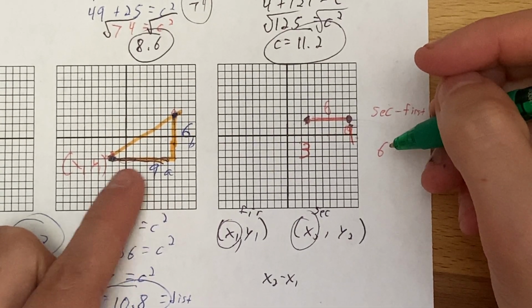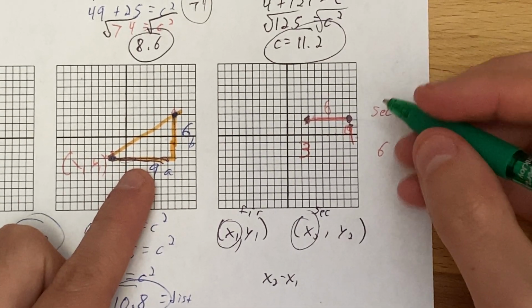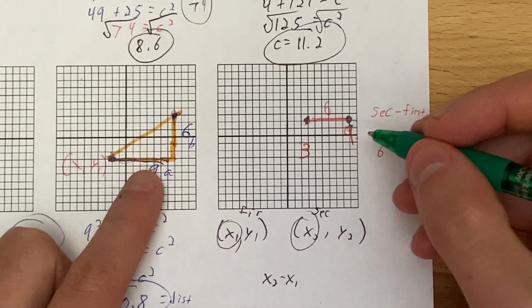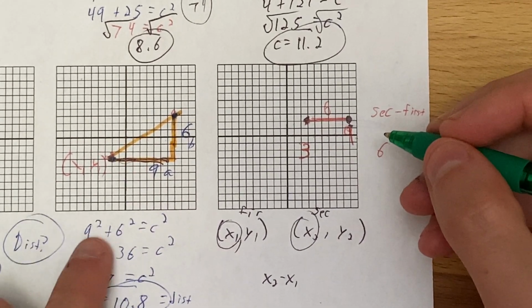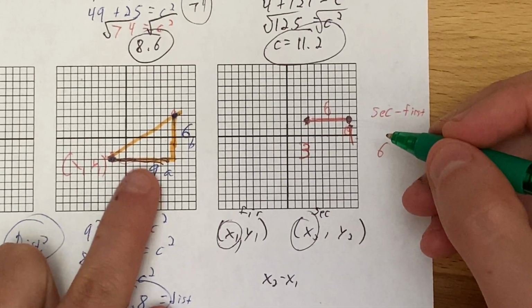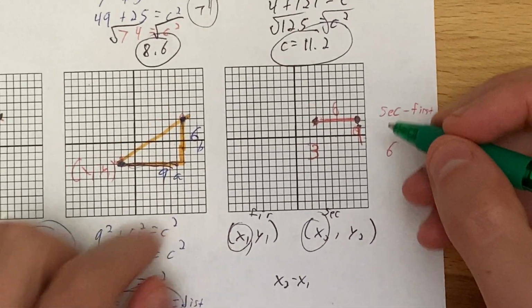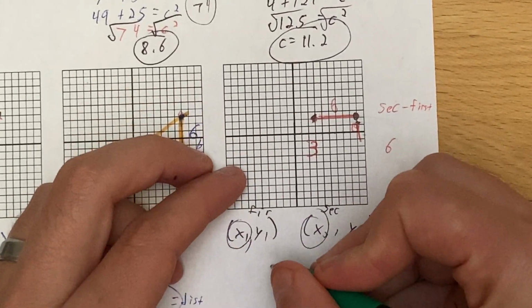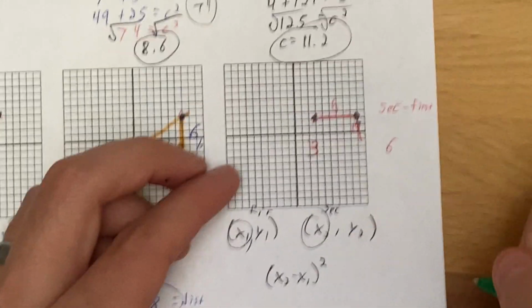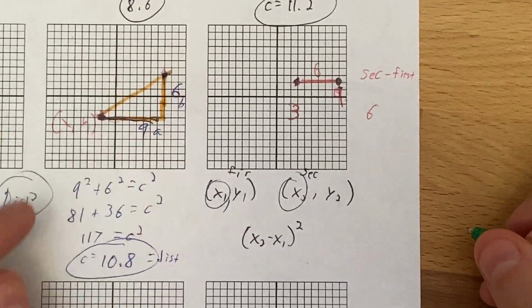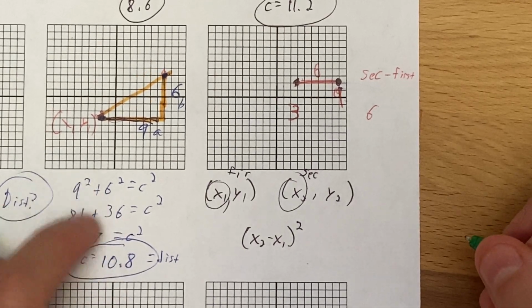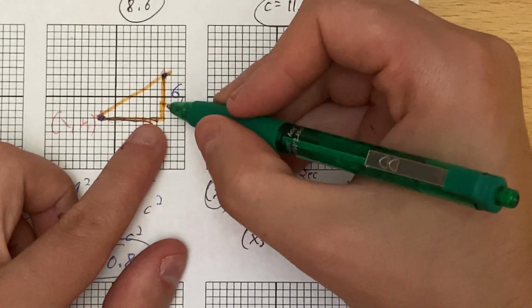At the same time, we need to do something with that. Usually that is a, and then we would square it down here. So just like I would take this 6 and square it, we're going to take this and square it. And then we would do the same thing with what would be b, the vertical.